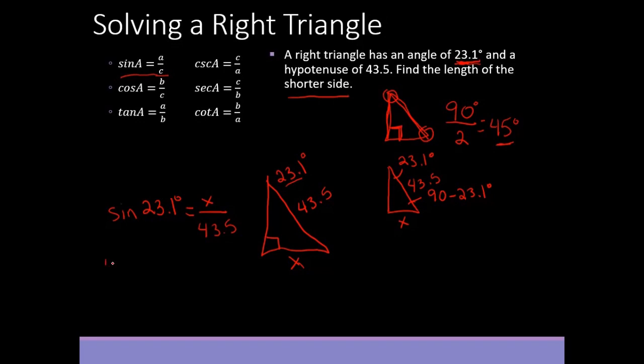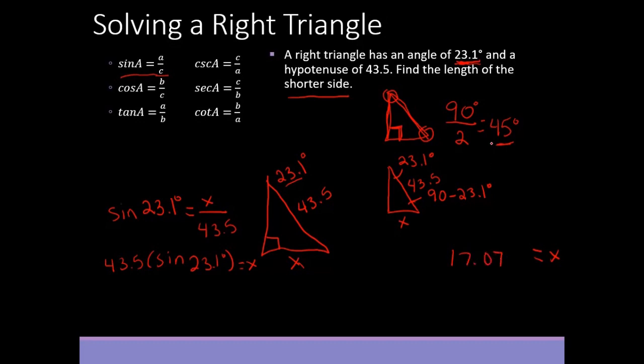And if you remember, we do that by multiplying 43.5 times sine of 23.1 degrees equals x. And we put that in the calculator real quick, and we get 17.07.